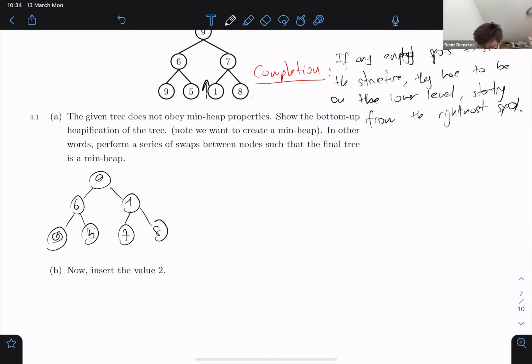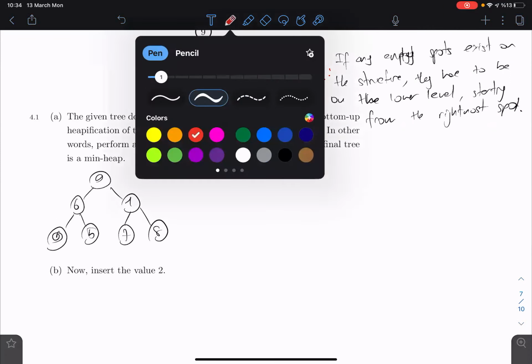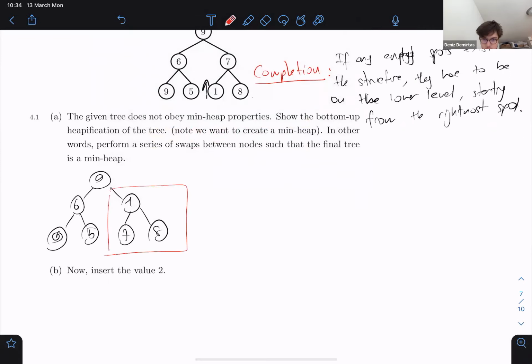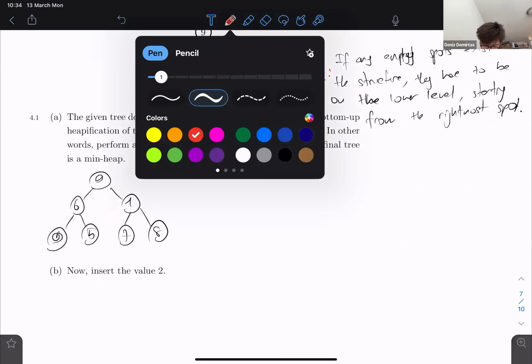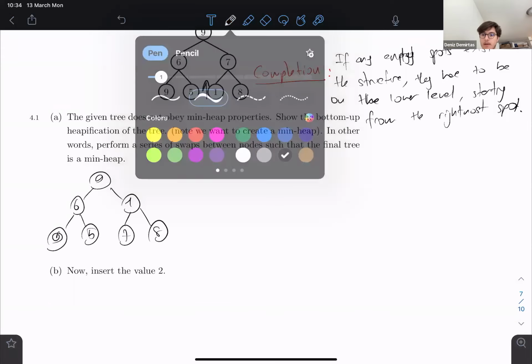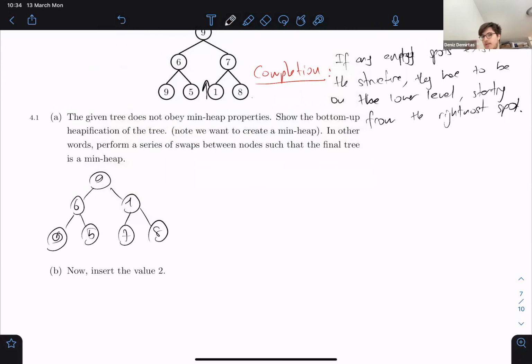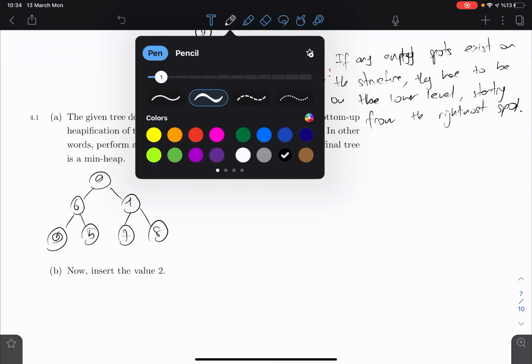Now, since 1 is actually less than both of its children, this small portion of the heap actually obeys the min heap properties. And so what I want to do is keep repeating the same process until the entire heap obeys the property.